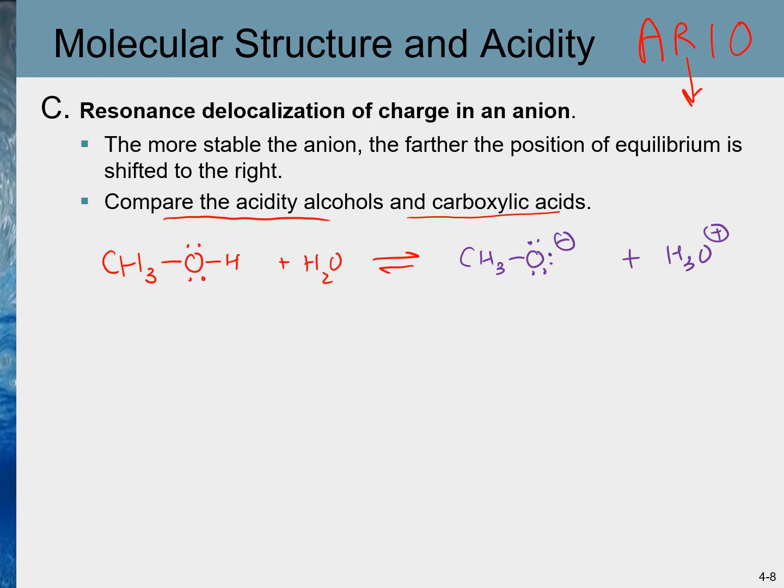Let's write the acid-base reaction in the case of a carboxylic acid, for example, acetic acid. When it donates a proton, the conjugate base of acetic acid is the acetate ion.